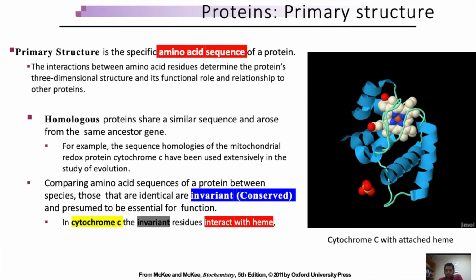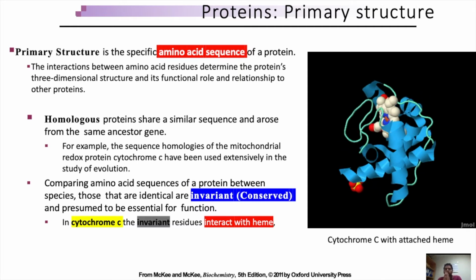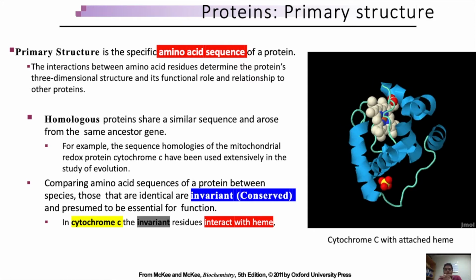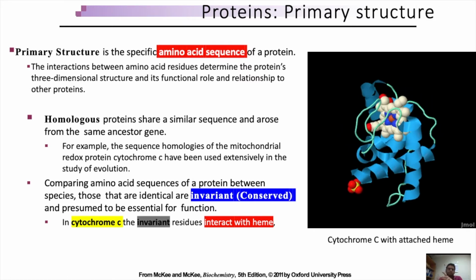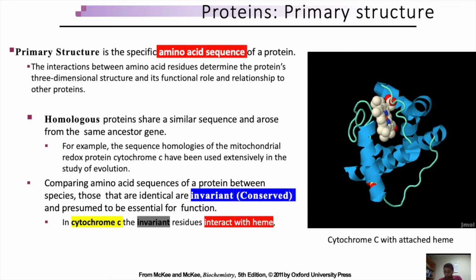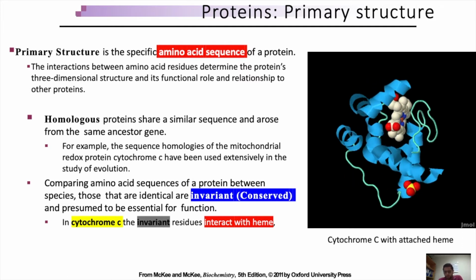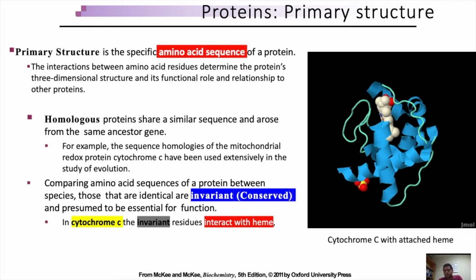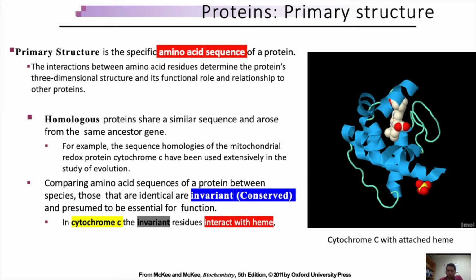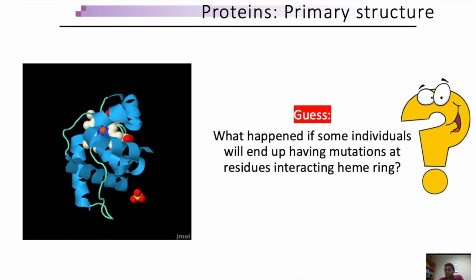Evolutionarily, one protein could be similar among many organisms, and these proteins are called homologous proteins. Mostly the homologous proteins have conserved sequences. These are those sequences which do not change evolutionarily, they remained there. They are called invariant sequences. In cytochrome C, the amino acids which are interacting with this heme molecule are evolutionarily conserved.